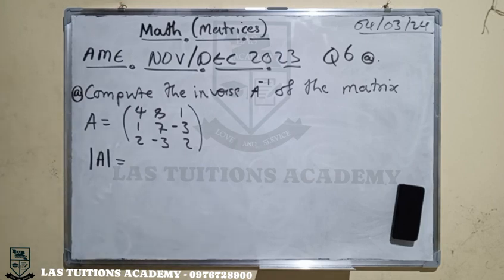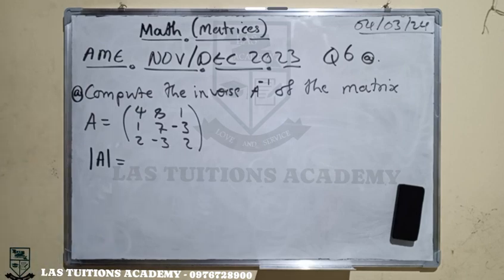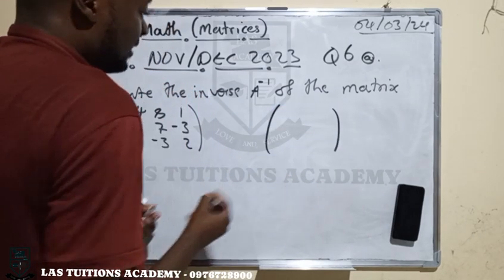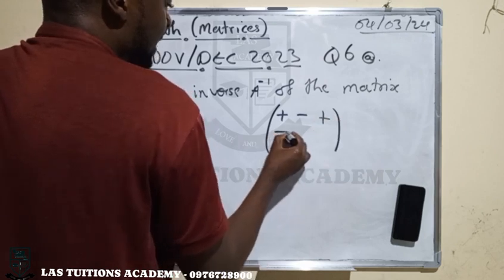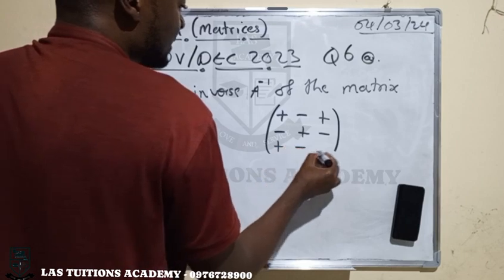I want you to pay particular attention here. When we are solving for the determinant, every matrix given has got position signs. So we have plus, minus, plus, minus, plus, minus, plus, minus, plus.